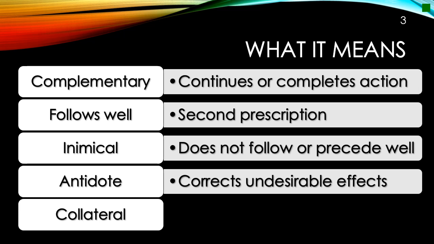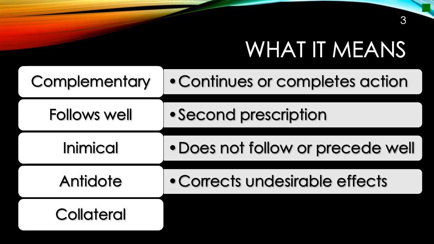So supposing there's a remedy which you have prescribed and it is supposed to cover 10 symptoms, but it has actually shown improvement in 4 or 5 and it has made others worse or not touched them at all, then in case you are using an antidote, it is going to correct the undesirable effects while retaining the good effects. It will not antidote or erase the good effects of the first remedy.